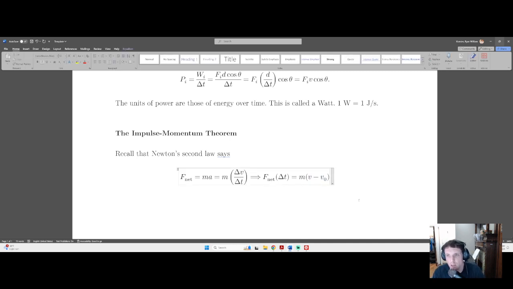There's nothing really too shocking about what I've done here. Just a little bit of algebra and thinking back to 1D kinematics. Then the last thing I'll do is say that this turns into F net times delta t is equal to mv minus mv naught. Okay.